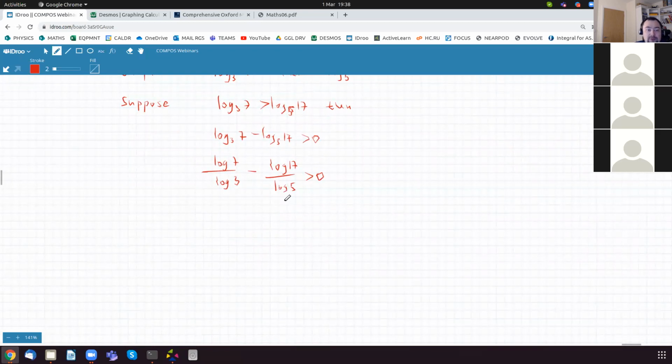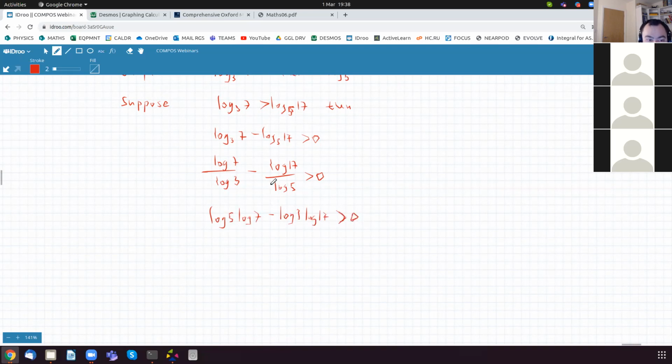Log 3 and log 5 are both positive, so we can multiply. So it's going to be log 5 multiplied by log 7 minus log 3 log 17 has to be greater than 0.